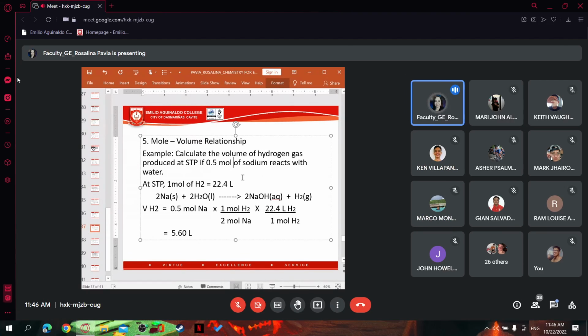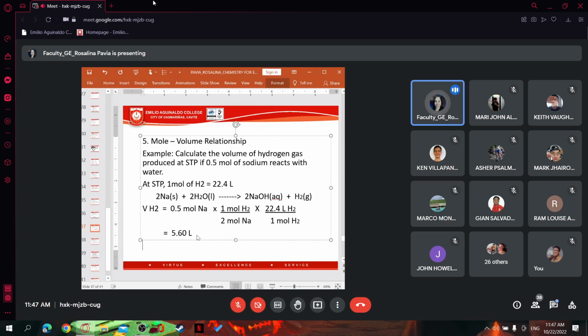Any gas at STP, constant volume. So you have here the equation. Start with the given 0.5 mole sodium. How are you going to eliminate mole sodium? Kunin nyo sa equation. How are you going to eliminate mole hydrogen? Kunin nyo doon sa MGV, which is 22.4 liters per mole of hydrogen gas. It give you 5.6 liters.